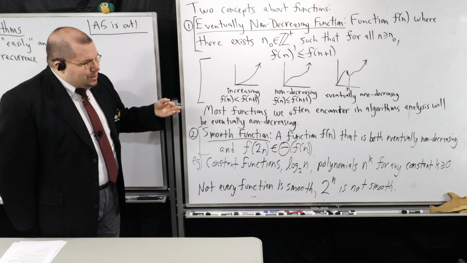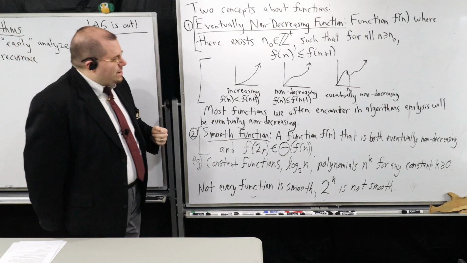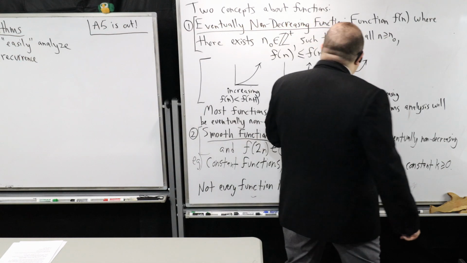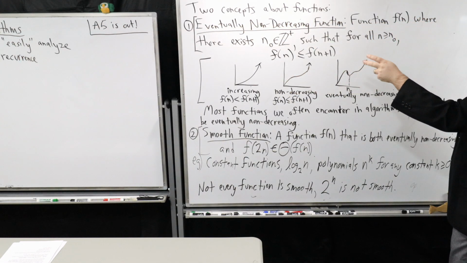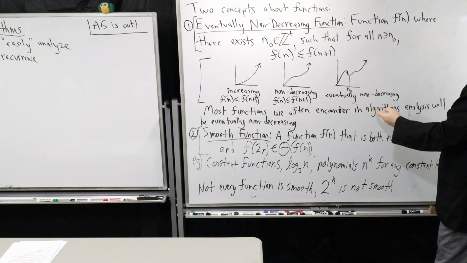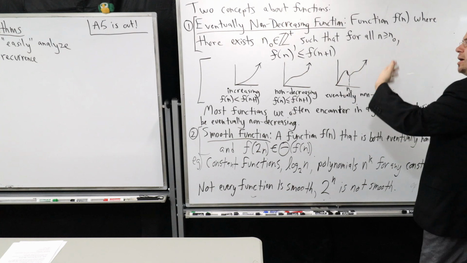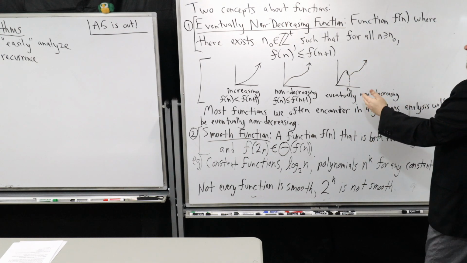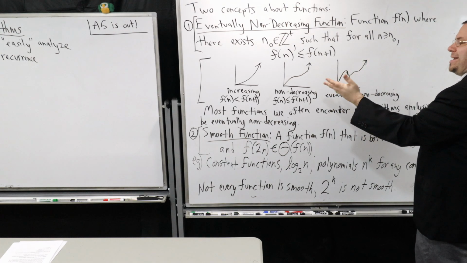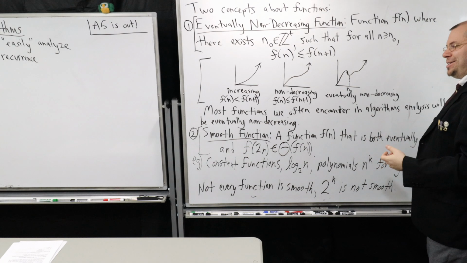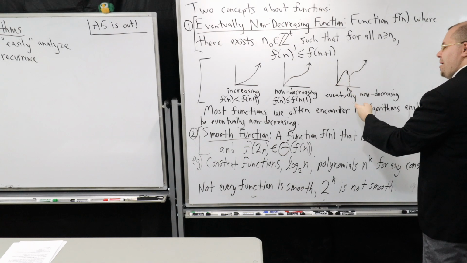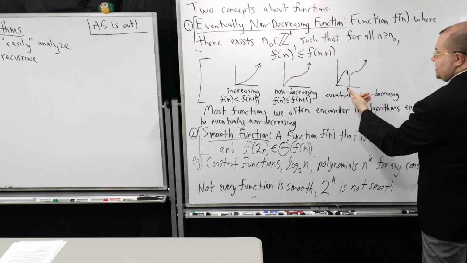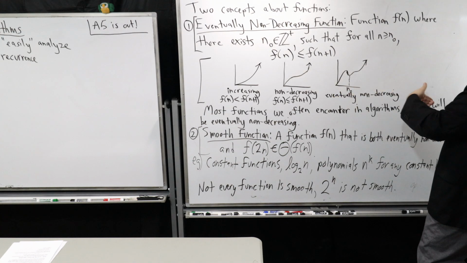Now, the third kind, and this definition actually encapsulates both of the other two, is called eventually non-decreasing. This simply means that the function's allowed to wiggle around, kind of like me wiggling like this. I'm allowed to have it be neither increasing nor non-decreasing up to some point n0, either here or any point after this.